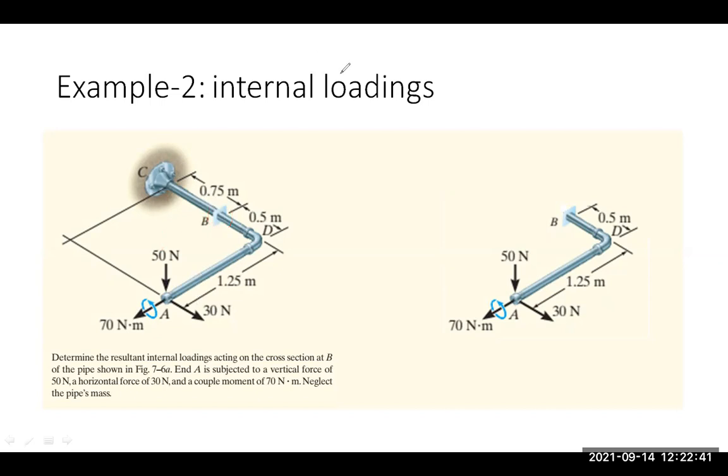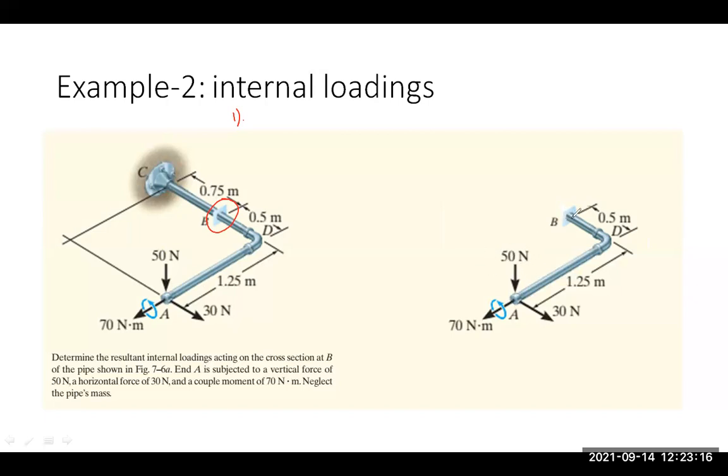Okay. So the first concept is that if this body is in statically equilibrium condition, then each point in this body is also in statically equilibrium. That means if we slice the body and observe the section at B, there must appear force and moment that will cancel out all this external moment.